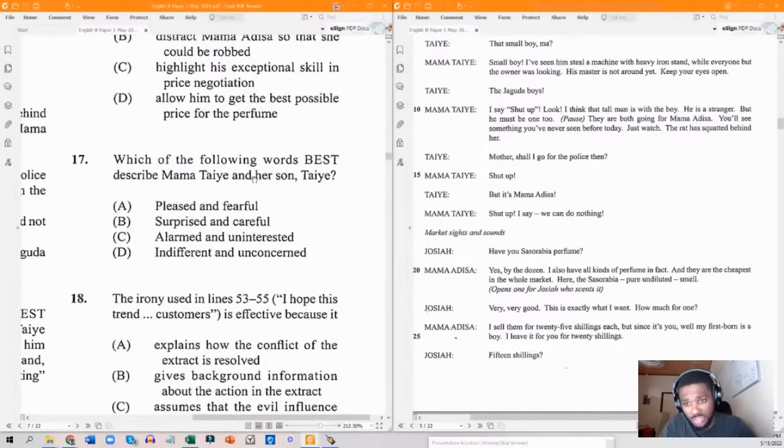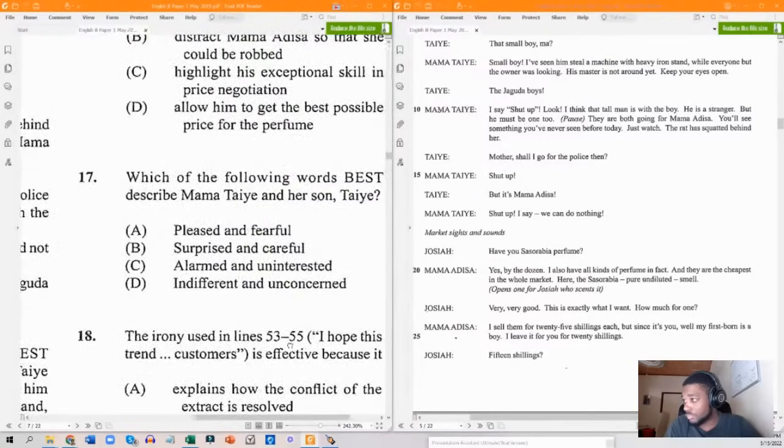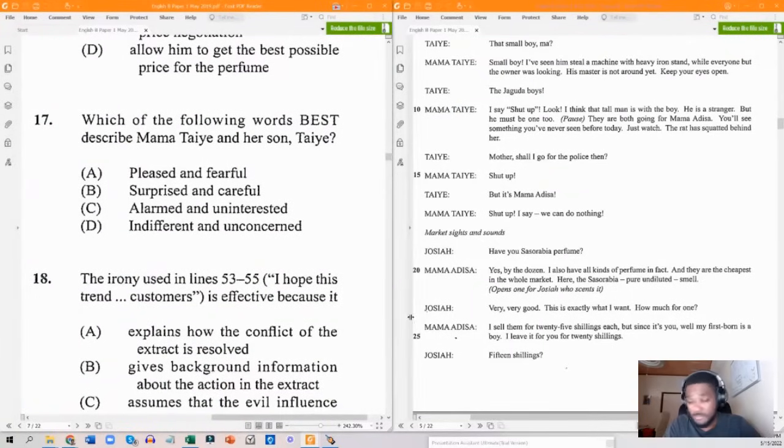Which of the following words best describe Mama Taiye and her son Taiye? Which of these words best describe the mother and son? So now we're at 17. So 15 was C, 16 was B. I think I'm seeing some B's and C's for number 17.